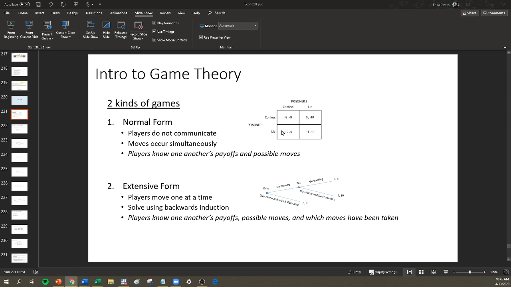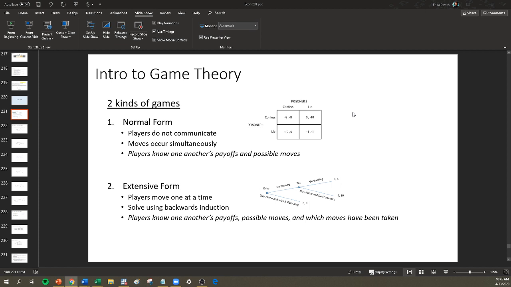But you'll understand it as we continue. So we have these normal form games, and these are the ones that look like this little box here that you can see. This little box is illustrating the famous prisoner's dilemma that we will be getting into, that your book gets into. That's what a normal form game looks like.